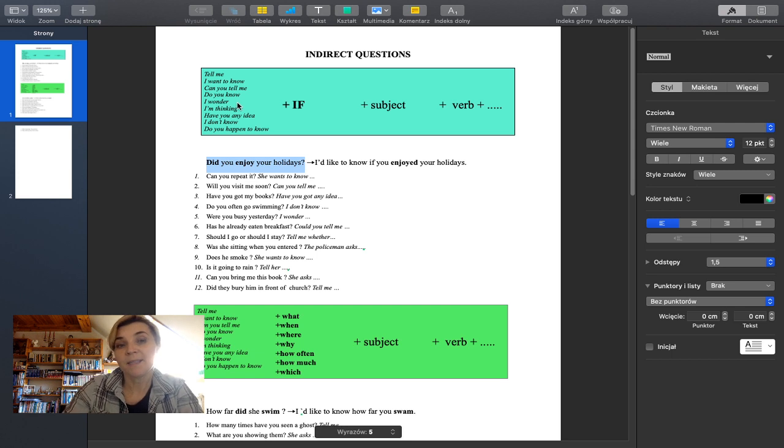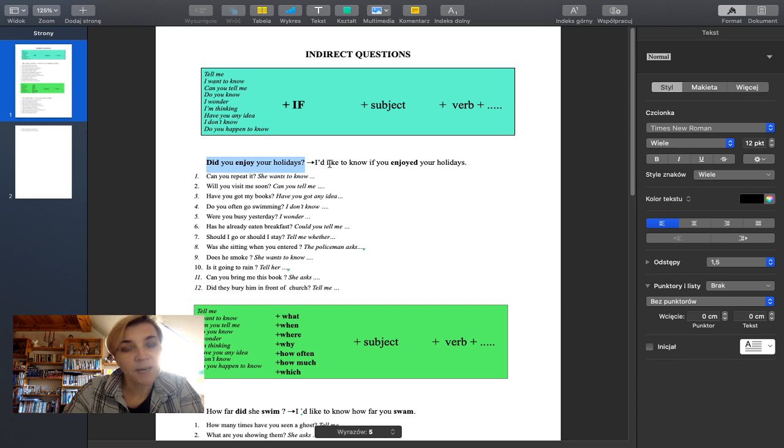And how do we make such an indirect question? So we take that beginning, any of that green box. Then, if we have no question word, like in the case of this question here, did you enjoy your holidays? We add if, so after this beginning, tell me, I want to know, and so on, we add if, then we have the subject and the verb. So let's look at our example.